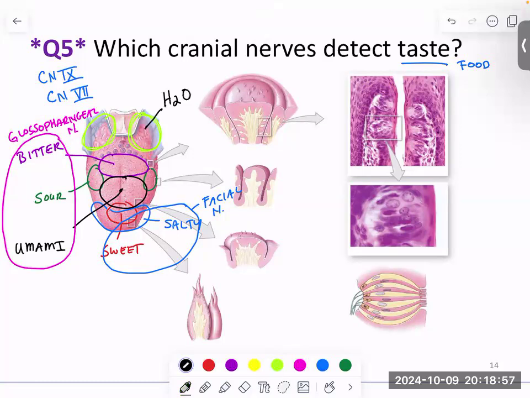Water. And this one is controlled by your vagus nerve. It's not a true taste, but it detects water. You know, after you work out in the gym and you're like, I need water, and that sensation, it's the vagus nerve. Okay.